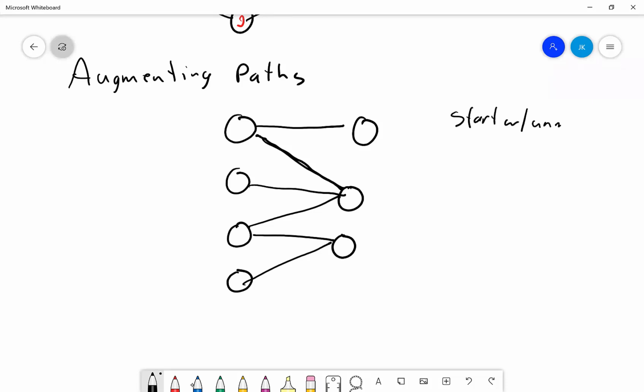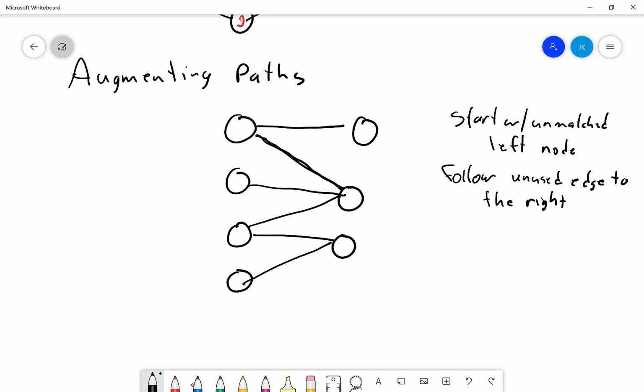Okay, and so the idea of augmenting paths is that we will start with an unmatched left node, and then we will repeatedly do two things. We will follow an unused edge to the right, and then I will check and see if that is an unmatched right node.